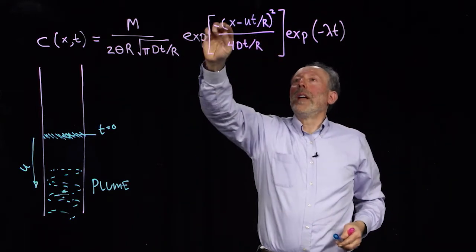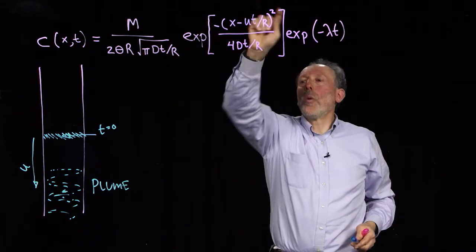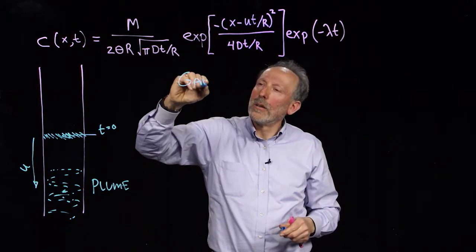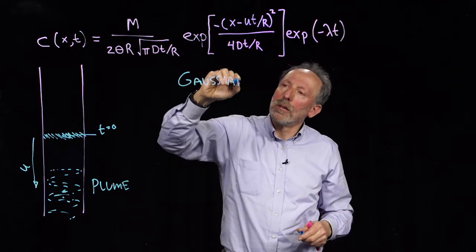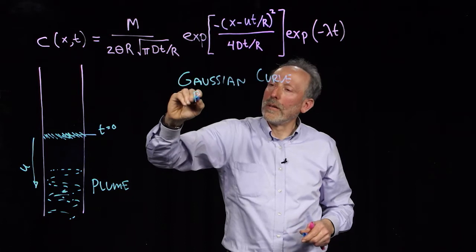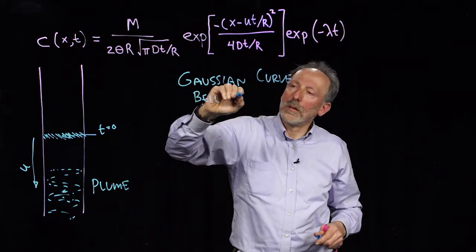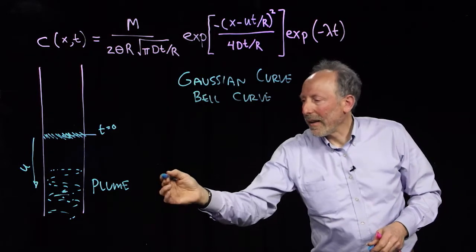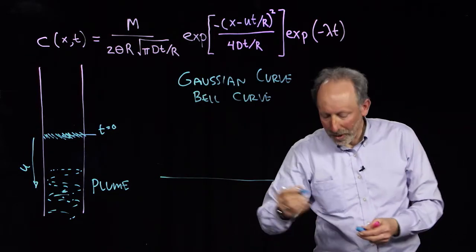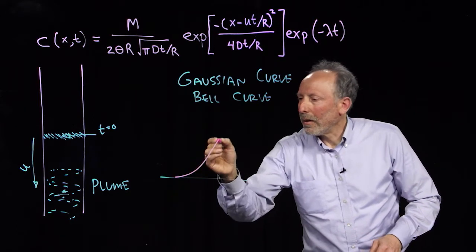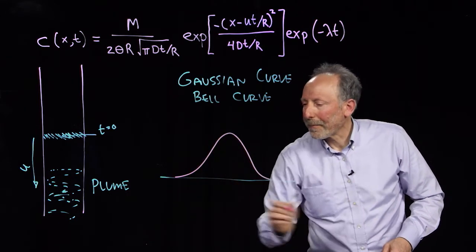This form, the (x minus ut) squared, is a Gaussian curve, or a bell curve. So we know that that is what's called the normal distribution, and so it's going to have a nice little form like that.